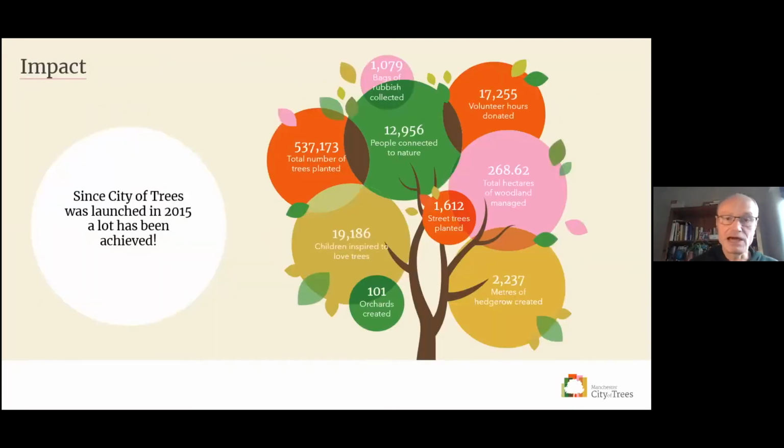So just briefly now, I wanted to summarize really what we've achieved in the last 5 years, just to show that hopefully we are having an impact. I think the key figure here probably is the amount of trees we've planted. So we've now achieved a figure of over 500,000. I've already mentioned at the start of the presentation that we've got around about another 100,000 trees going in this year.